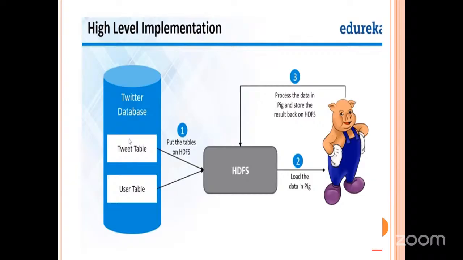And then processes the data, and stores the result back on HDFS. So this complete is called as high level implementation, right? So here you're going to send the data in the form of tables. Clear? You need to remember this diagram, right?